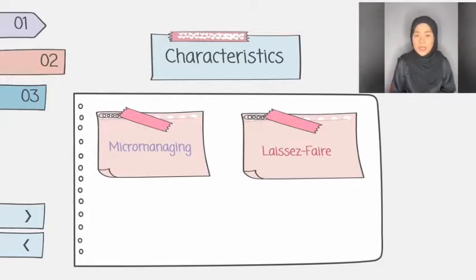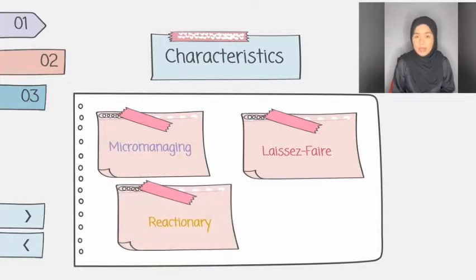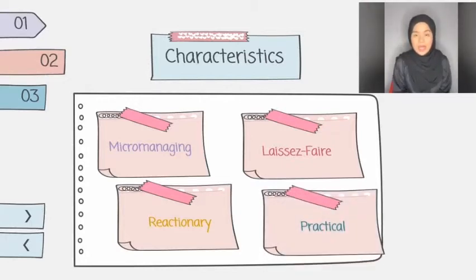The third one is reactionary, meaning that due to the importance of the status quo within the institutions, transactional leaders are rarely proactive. Instead, they are reactionaries, only making changes within the departments or institutions when their hands are forced. Lastly is practical.